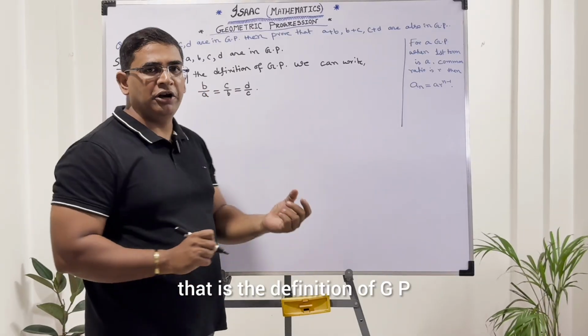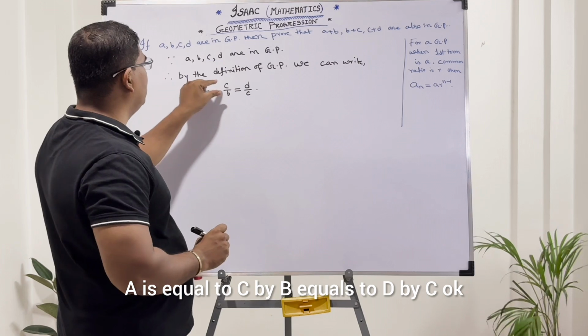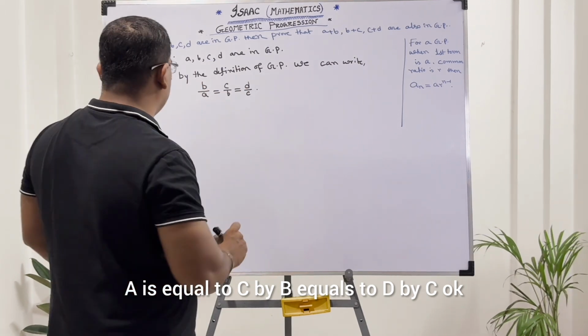That is the definition of GP. So by that definition, we can write B by A is equal to C by B equals to D by C.